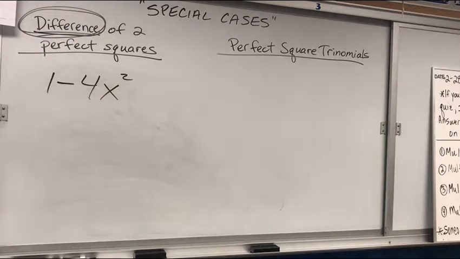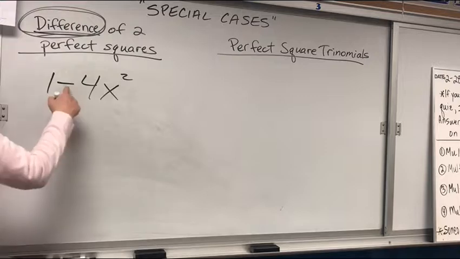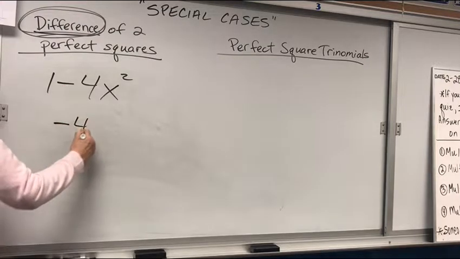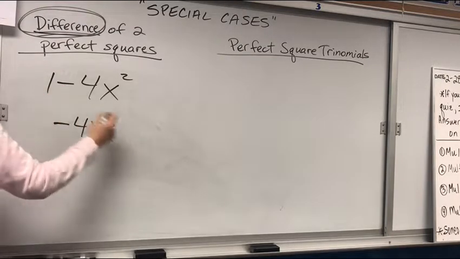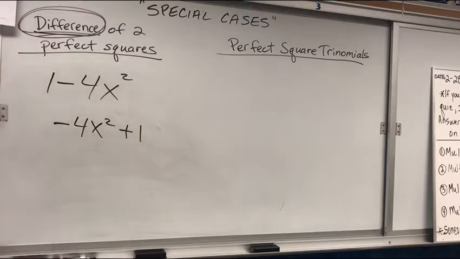Do I have two perfect squares? I do. Square root of 1 is 1. Square root of 4x squared is 2x. But something's wrong with this. It's not in the correct order. So, negative 4x squared, positive 1. Should I stop?